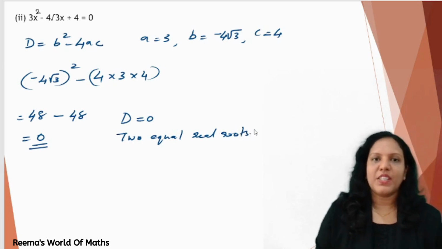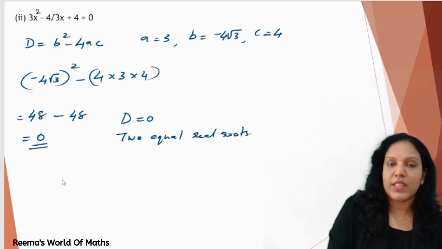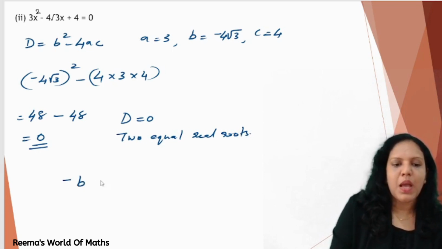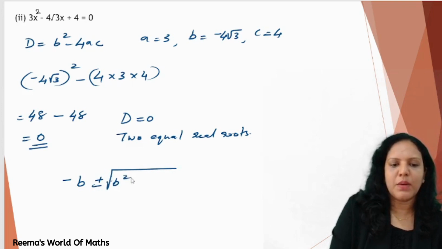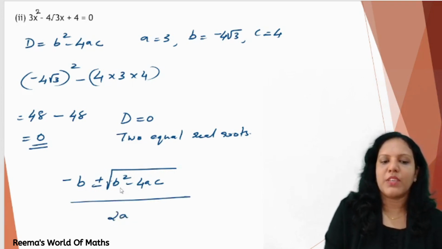So now let's find the roots. What is the formula for finding the roots? The quadratic formula is minus b plus or minus square root of b squared minus 4ac, which is the discriminant, divided by 2a. We already found the value of b squared minus 4ac, which is 0.